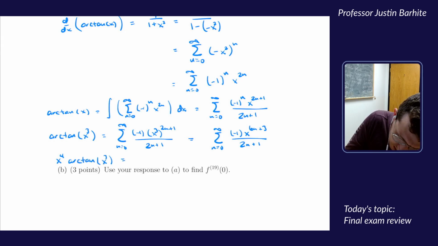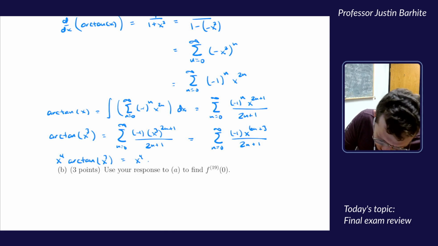And then to find the power series for x to the 4th arctangent of x cubed, I just multiply an x to the 4th with the power series for arctangent of x cubed.